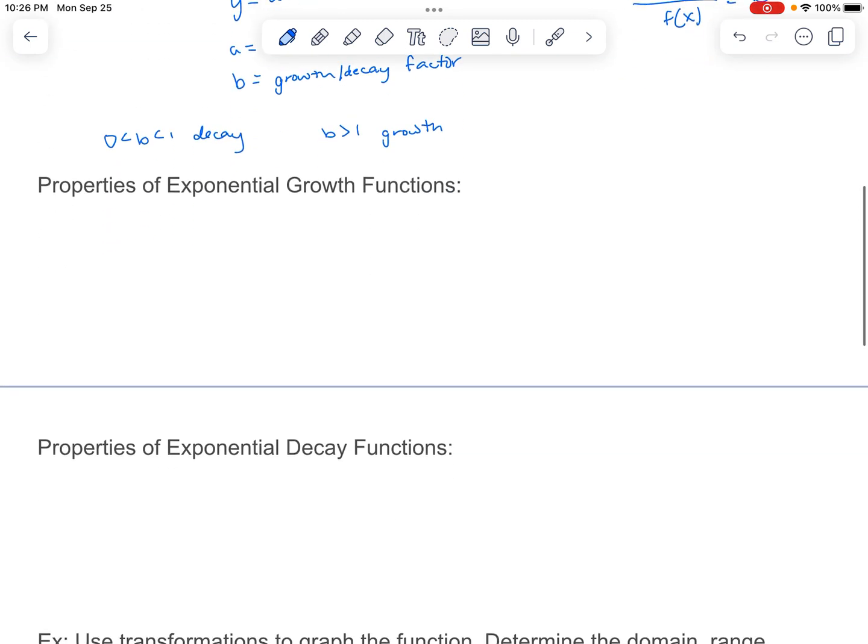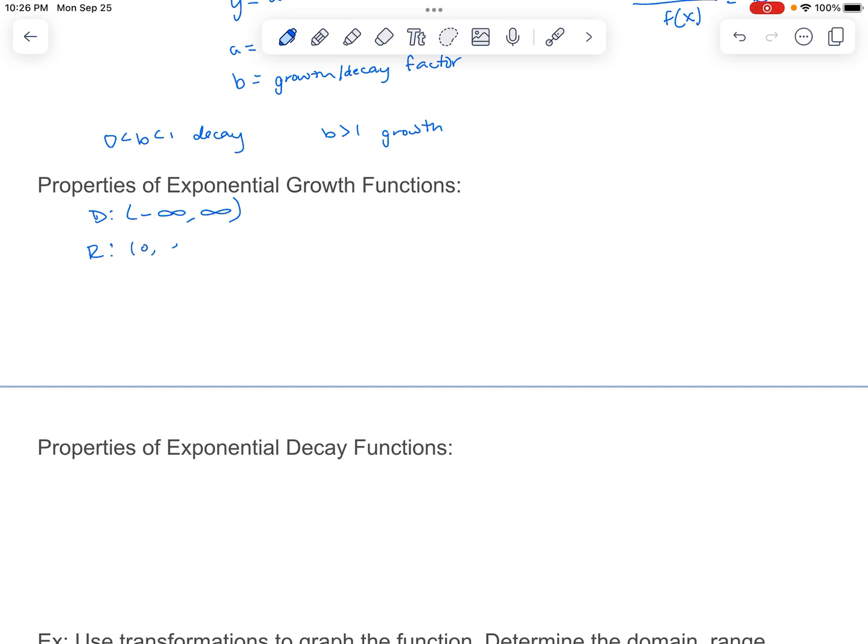So then we get into, what does this look like graphically? So the properties of our exponential growth functions versus the properties of our exponential decay functions. With an exponential growth function, there are a couple different properties you need to know that are going to be important. Your domain is going to be negative infinity to positive infinity.